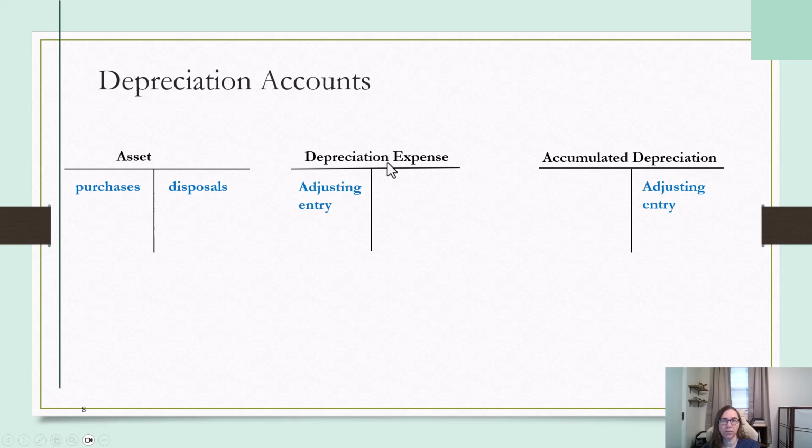And then you would have depreciation expense, which is your debit in the adjusting entry, and accumulated depreciation would be the credit in the adjusting entry. You're adding to expenses with a debit and adding to the contra asset with a credit. So this is going to be the opposite rule of the related asset.